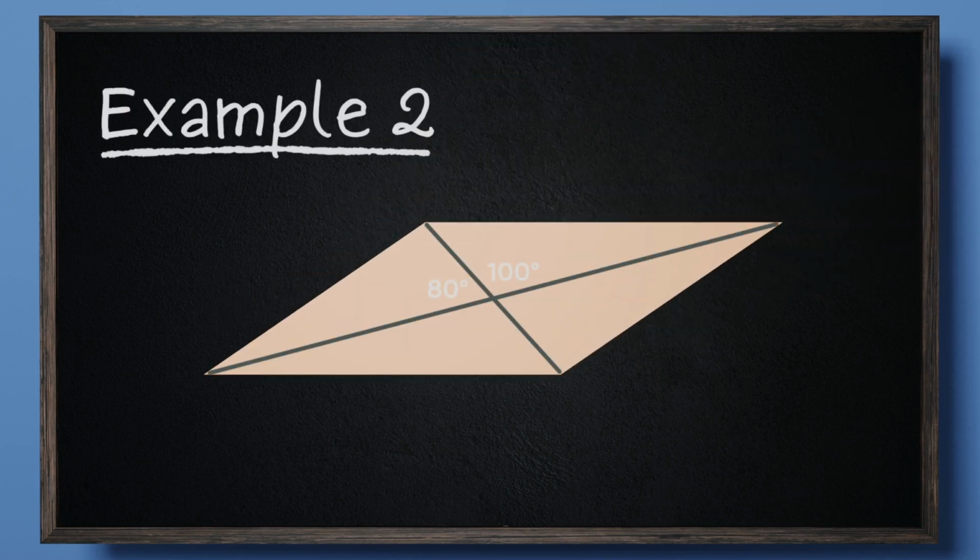Example number two. Our next parallelogram has its two diagonals drawn on top of it, with their angle measures displayed at the intersection. What's wrong with this picture though? Condition number two says that the intersection must be perpendicular. Therefore, since the diagonals of the shape are not perpendicular, the shape cannot be classified as a rhombus.